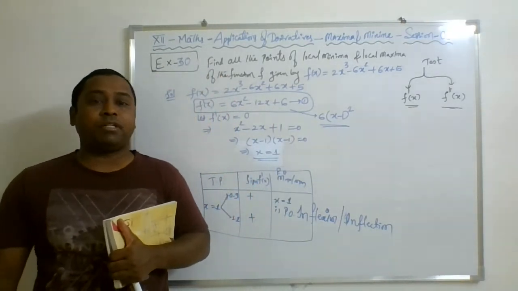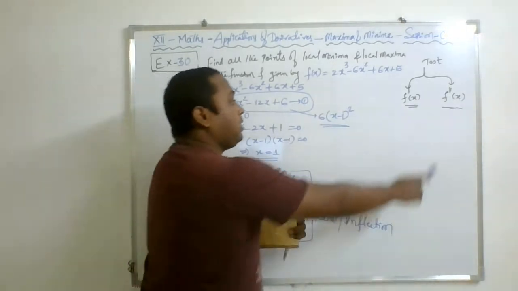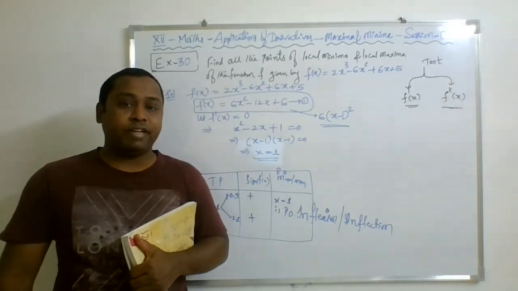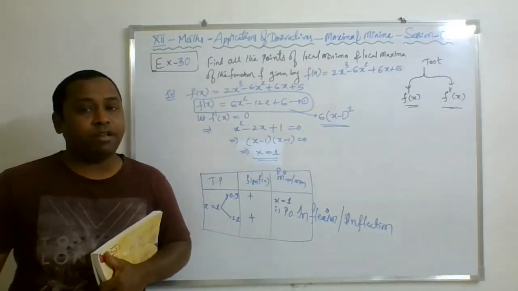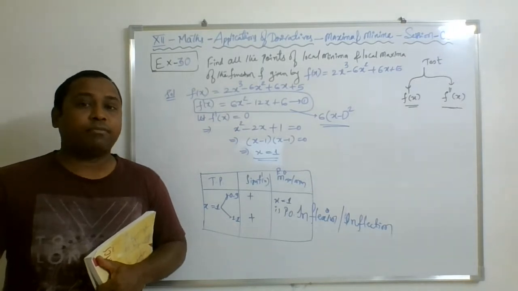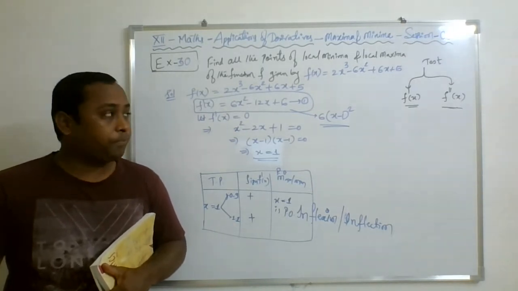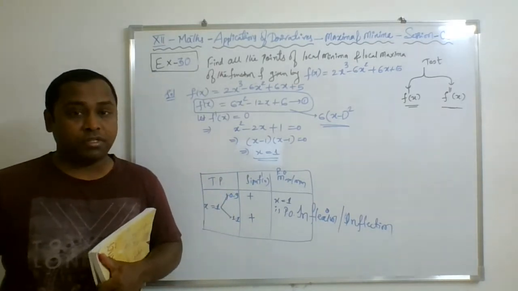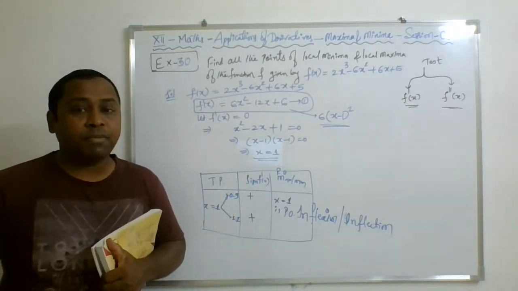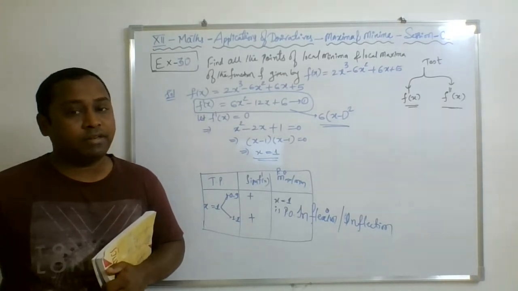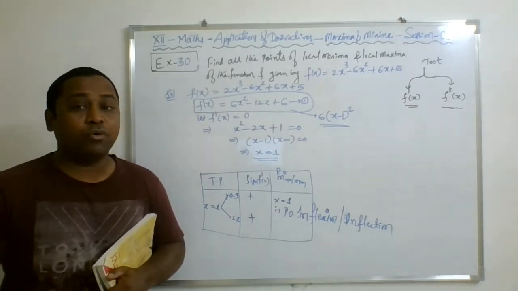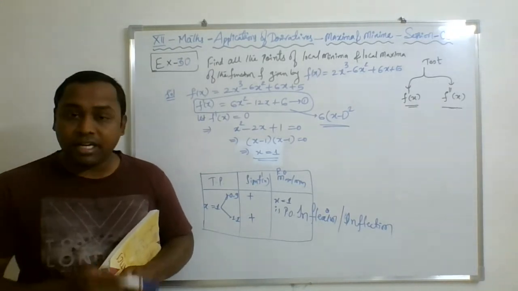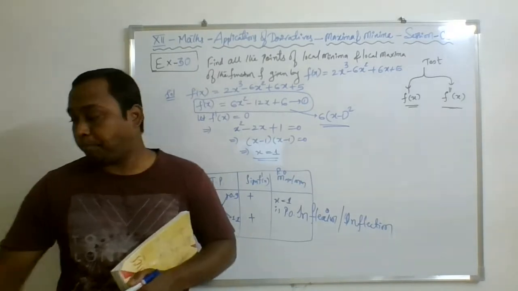The same can be done through the second order derivative, called the second order derivative test, which is the easiest and time-saving process. But it is not universal, because in some cases the second order derivative test fails, and then you need to move to the first order derivative test again, and we'll see where that is possible.